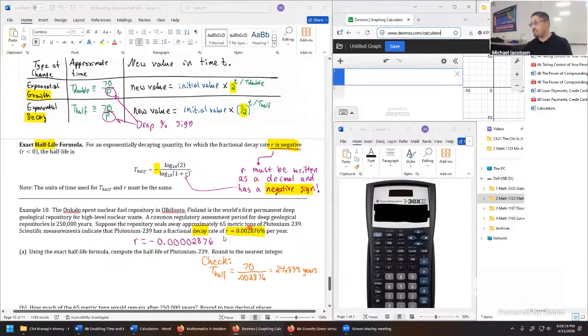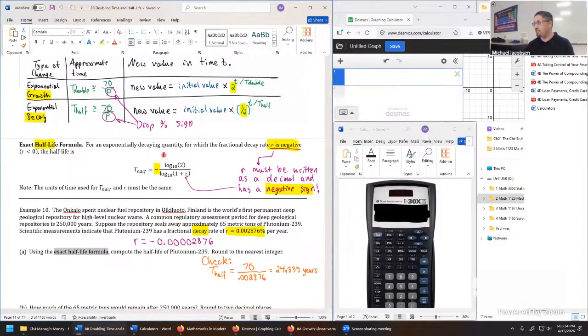One thing we did first is, for this particular problem, we want to use the exact half-life formula. So that's why we're going to take our time doing this computation. This is a good strategy for a MyLab problem or a problem on the final exam if this question comes up.